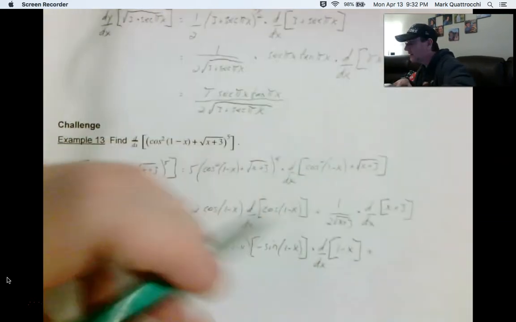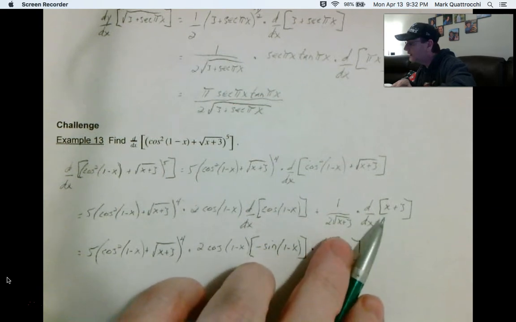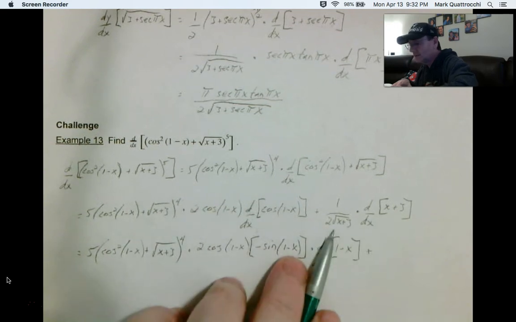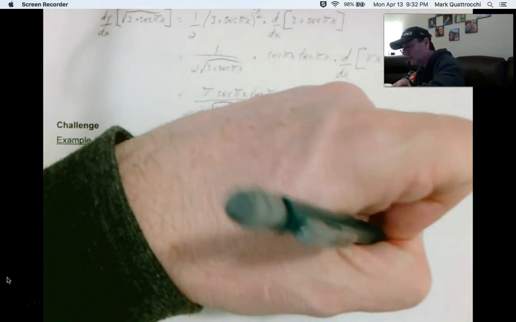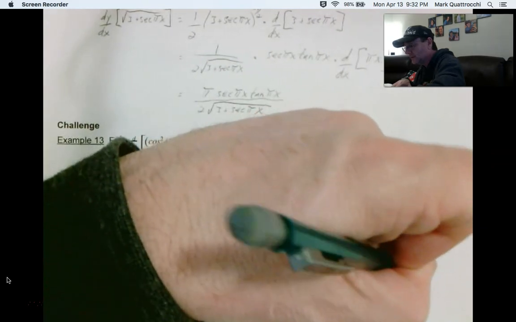Plus the derivative of x plus 3 is 1 over this. So 1 over 2 square root x plus 3.